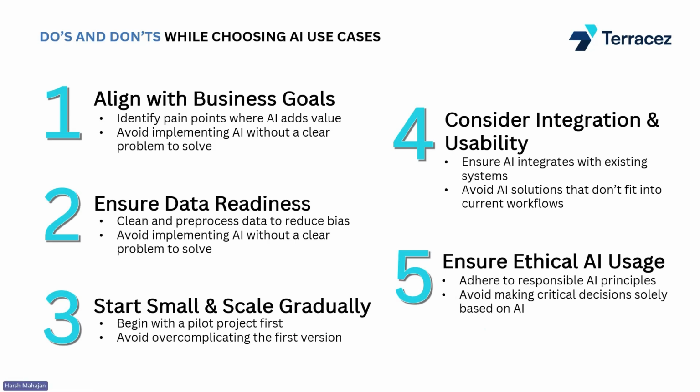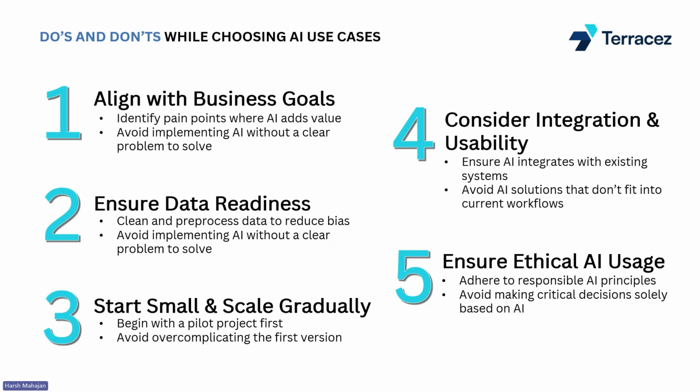Now, since we have talked about these two solutions that Microsoft is providing, or if you use any AI solution, there are certain aspects or factors one should take care of while starting to implement Azure OpenAI or any AI use case. One of the first important factors would be aligning with business goals.